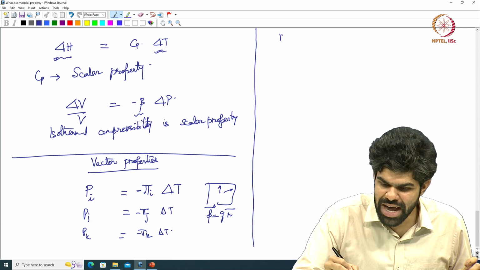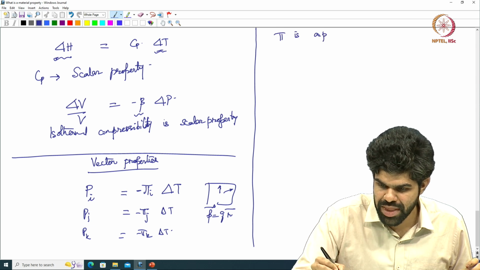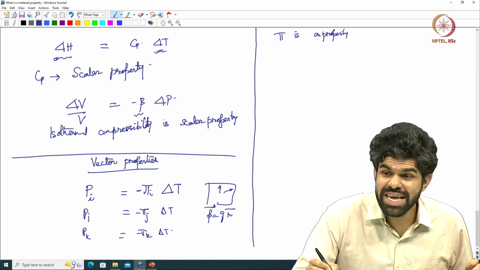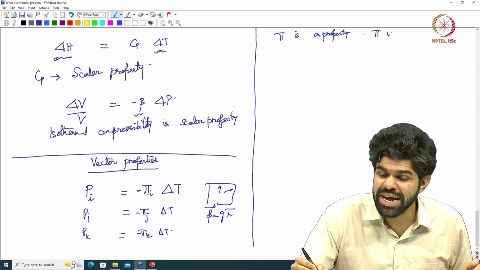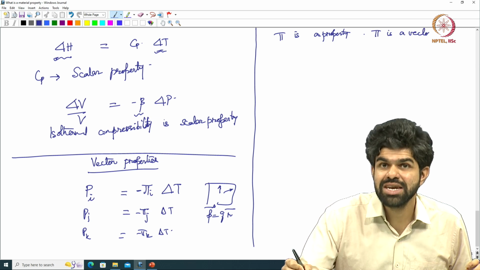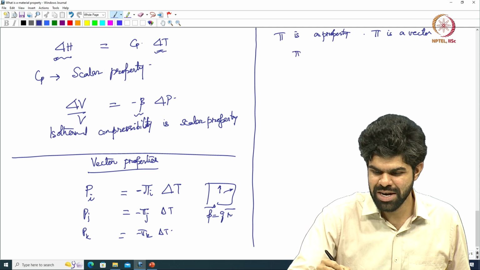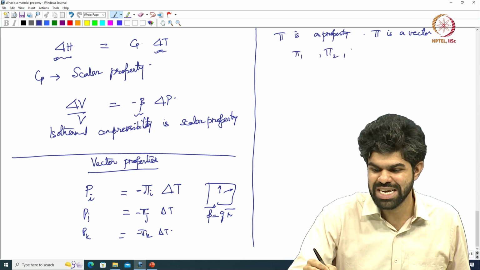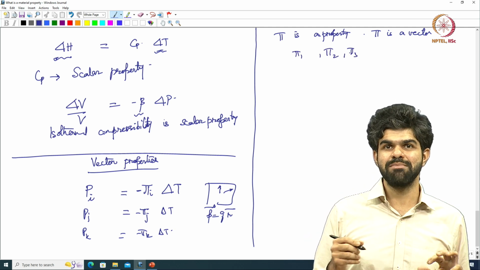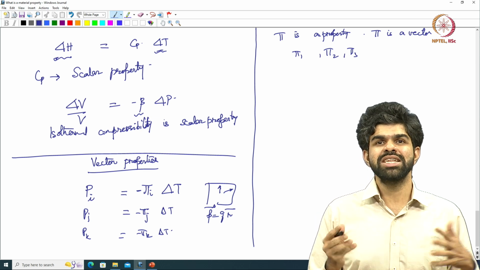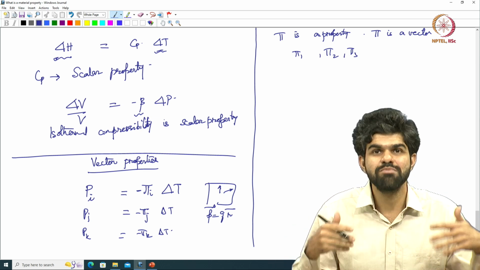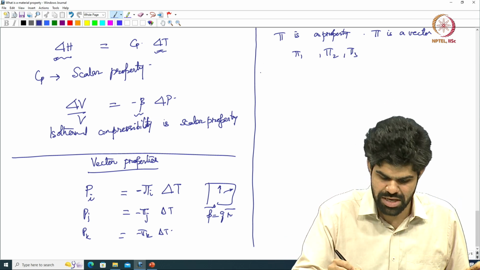So pi is a property, but pi is also a vector. Pi can be different in different directions: pi 1, pi 2, pi 3. It can have 3 different components in 3 dimensions, and in general these need not be equal. Okay. So pi is a vector quantity.